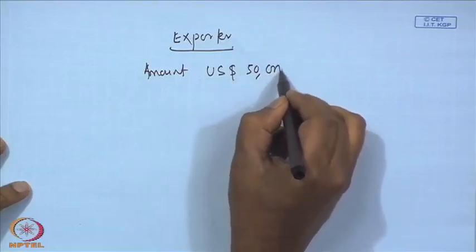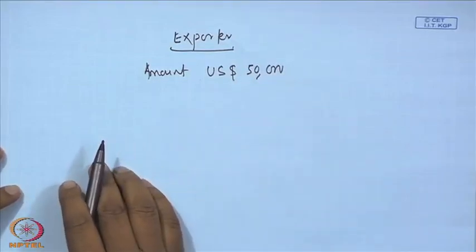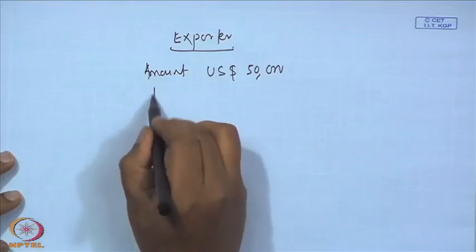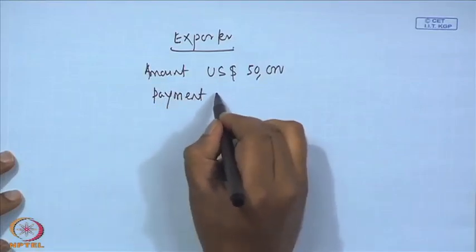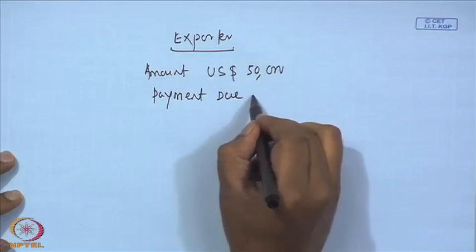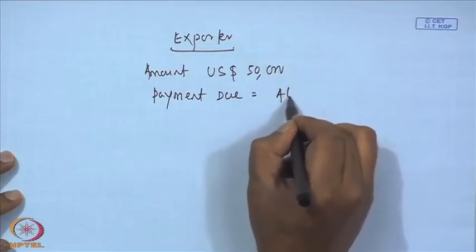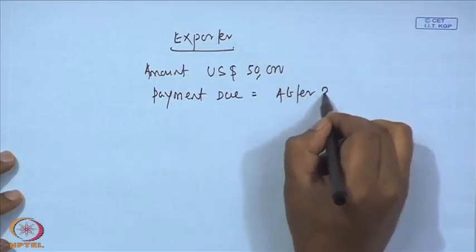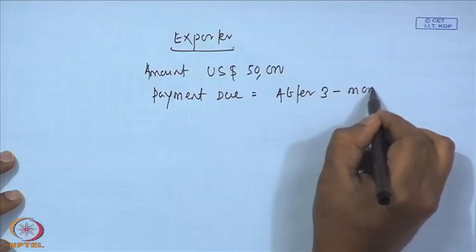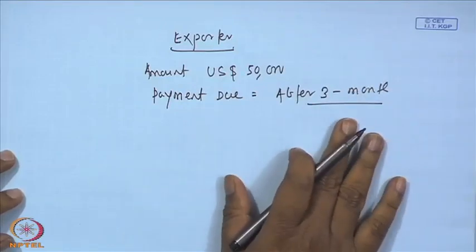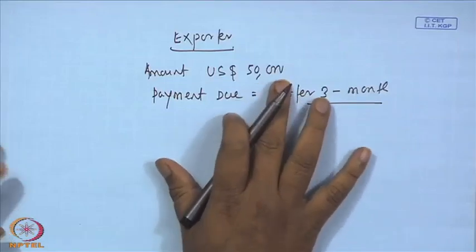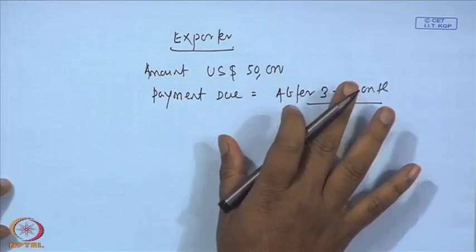How much is exported? 50,000 US dollars, and payment is due after 3 months. What does it mean? It means after 3 months $50,000 will be received by the Indian company.